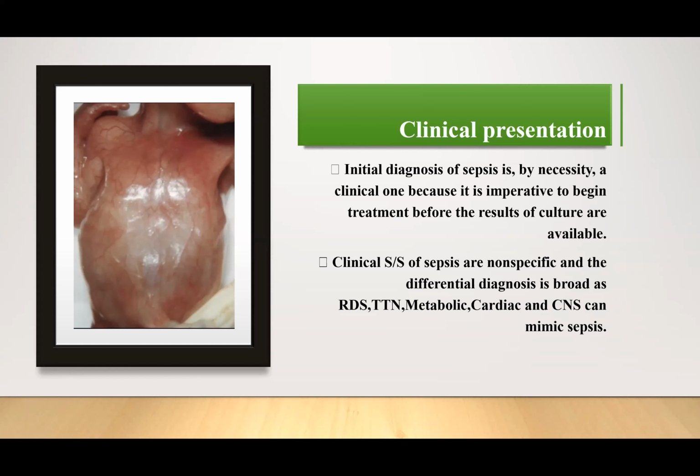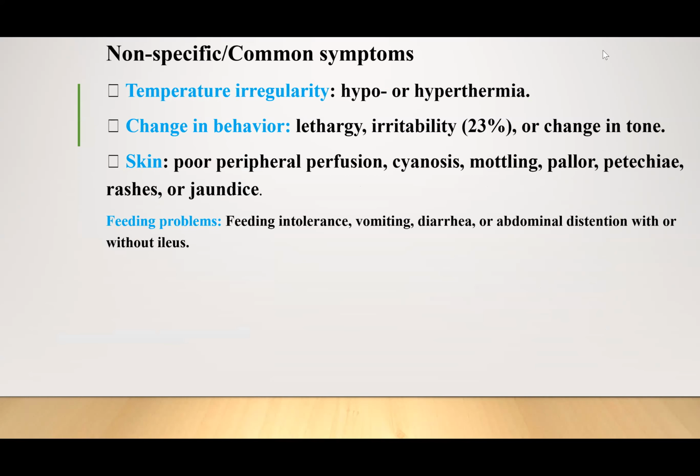Mottling, I mean the skin looking like marble. It is very dangerous in a neonate. Pallor, petechiae, jaundice, even sometimes it can be pathological. Feeding problems: if the child was a full feeder and now does not tolerate the feeding, or starts vomiting, diarrhea, abdominal distension, or ileus, you must take care. It can be a sign of infection.